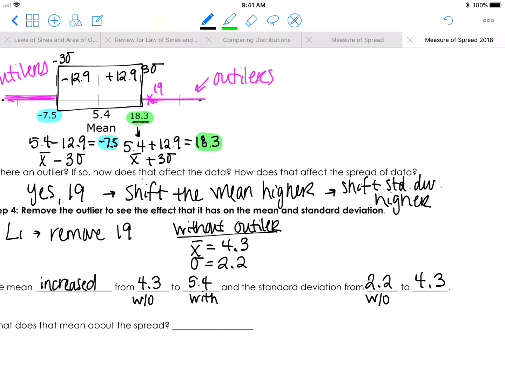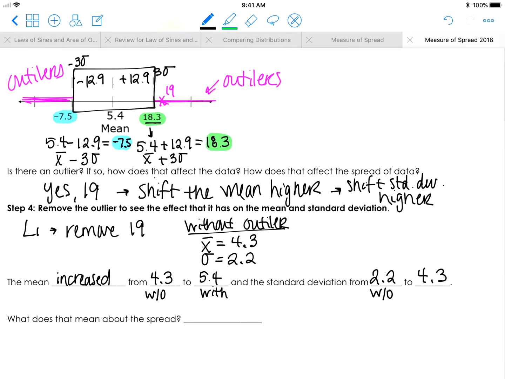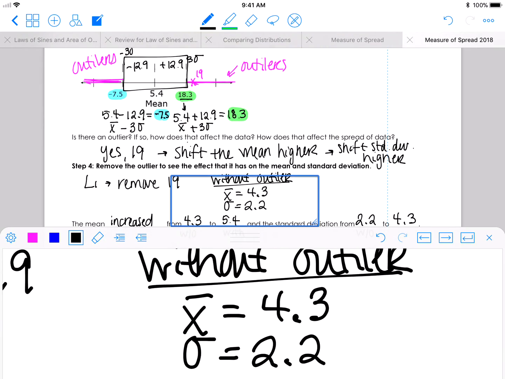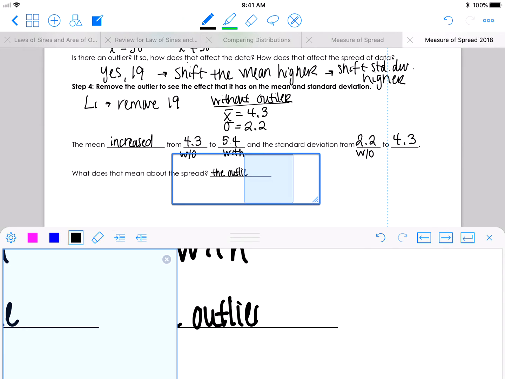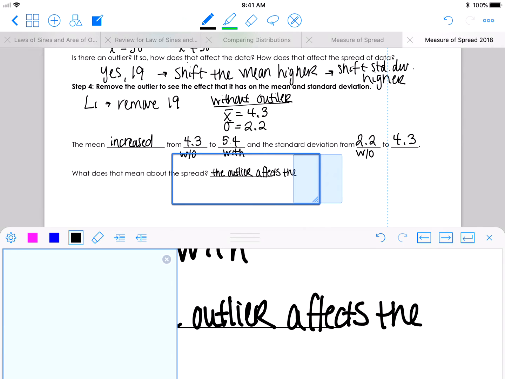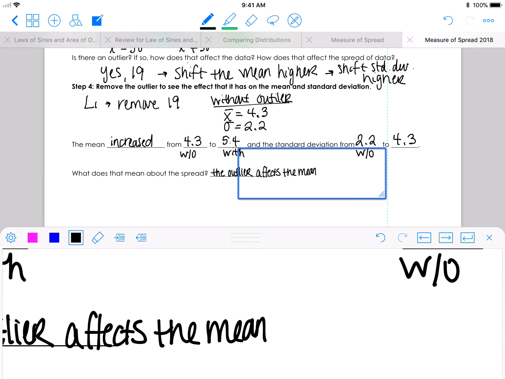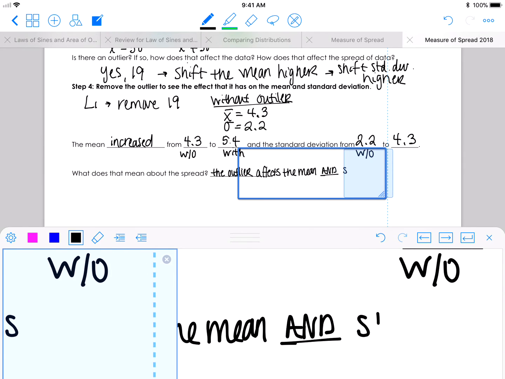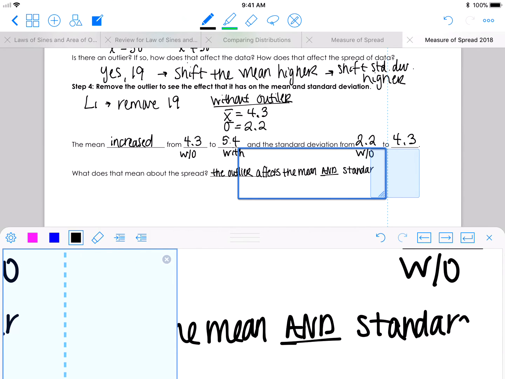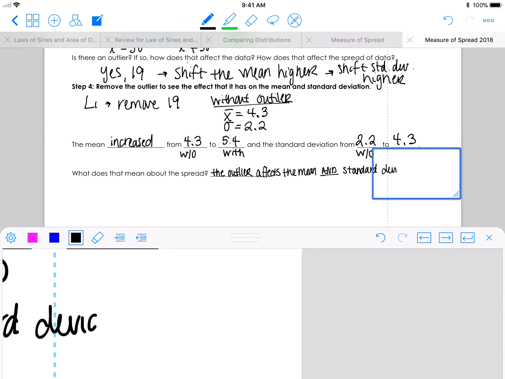Okay, so what does that mean about the spread? I'm about to write a lot, so here we go. It says the outlier affects the mean and the standard deviation. Okay, so we know that.